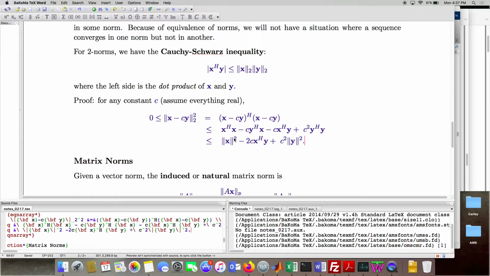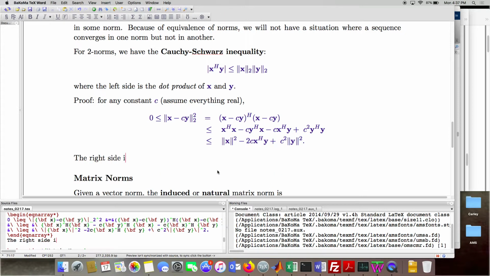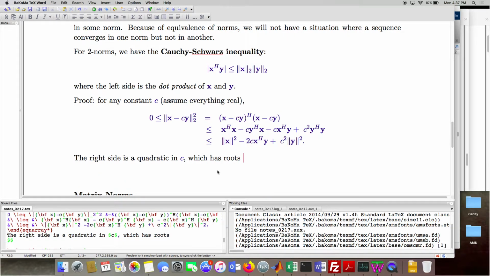So the right side has roots, and I could use the quadratic formula to solve for C in a way, if I set this equal to 0. My coefficients a, b, and c: a would be the norm of y squared. I have a 2.